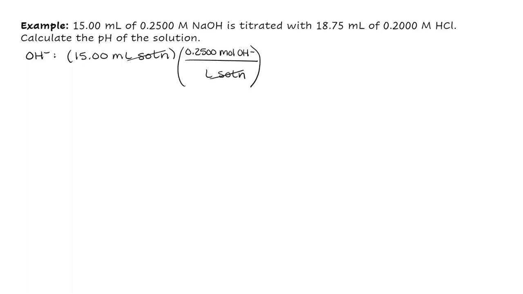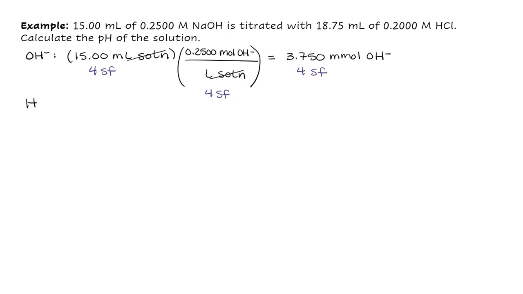Liters of solution will cancel, and we'll be left with millimoles of hydroxide. We have 4 sig figs in our volume, 4 sig figs in our molarity, and that will give us 4 sig figs for our millimoles. So doing the math, we have 15.00 times 0.2500 gives us 3.750 millimoles of OH-.